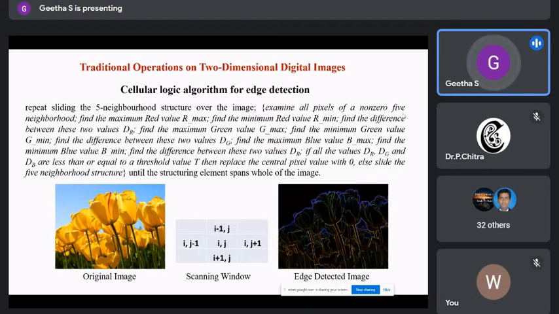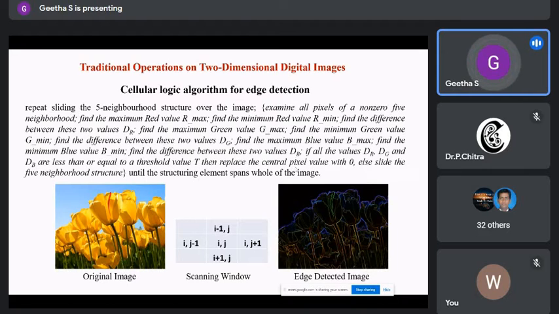So what is the difference between the two values? dR. The same you have to apply for the green max and green min, so the difference between the two values is dG. Next we apply the blue values, blue max and blue min, so the difference value is dB.